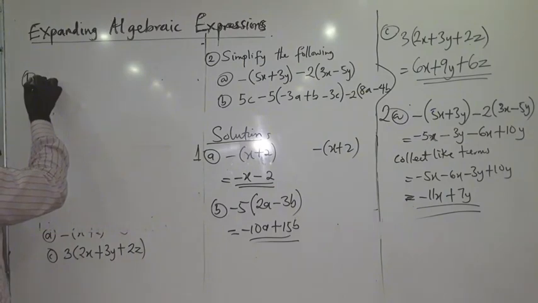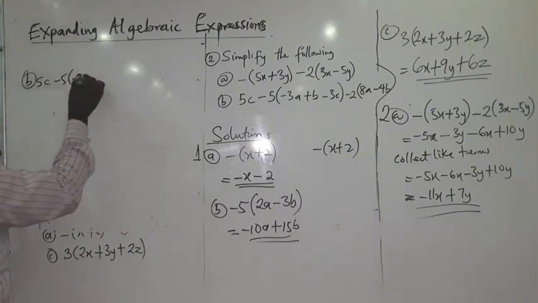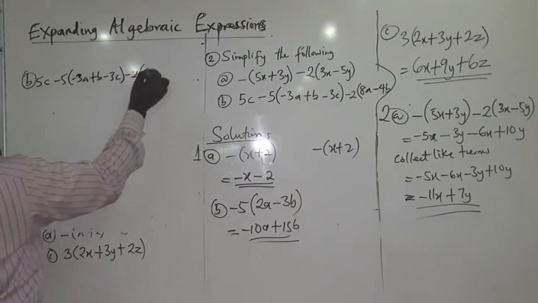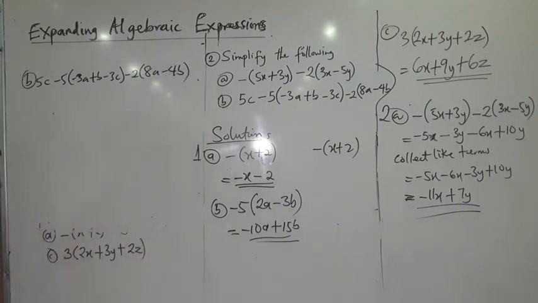So that is 5c minus 5 into minus 3a plus b minus 3c, minus 2 into 8a minus 4b. We want to simplify this as well.